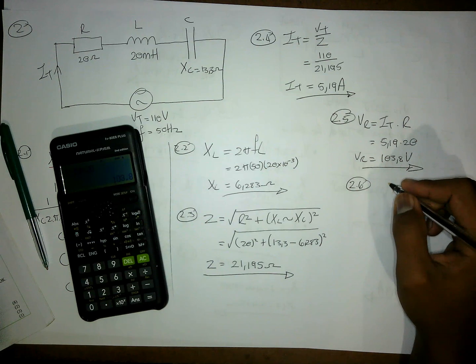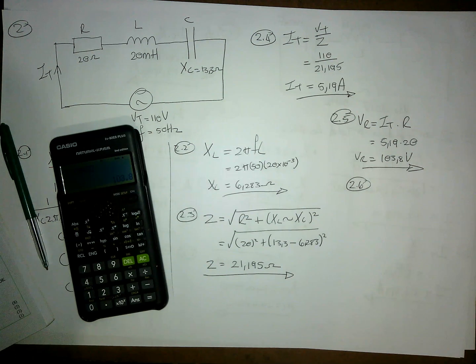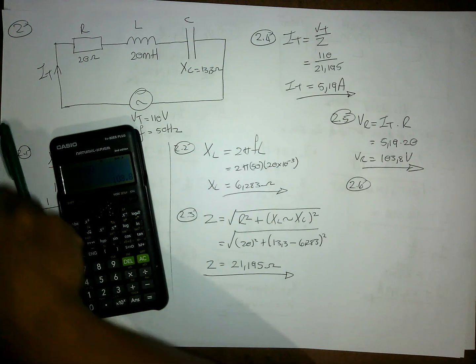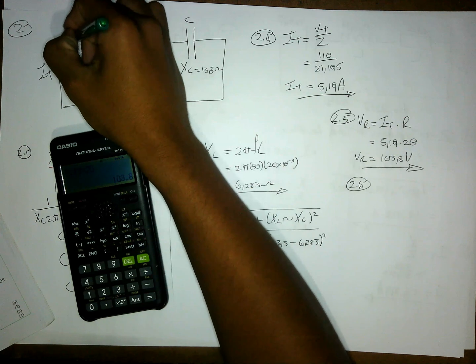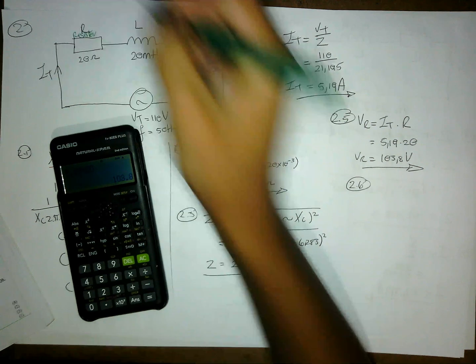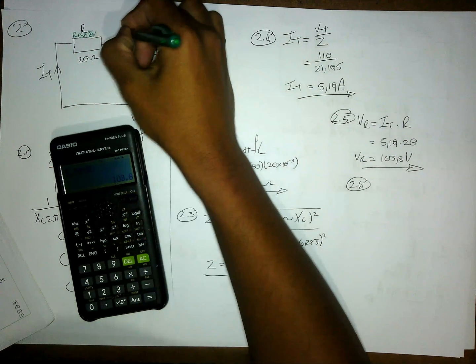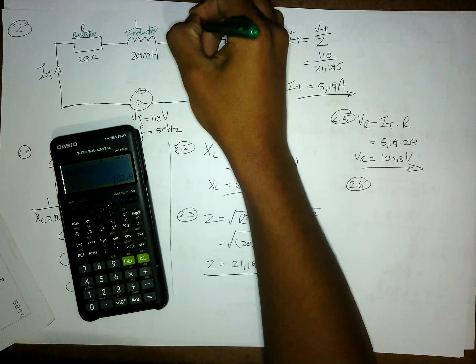Did you say IT times XC for the inductor? That is incorrect, sir. Because this here is our resistor, we know this one. This is our inductor. This one here is our capacitor.